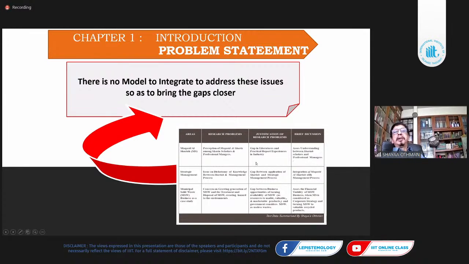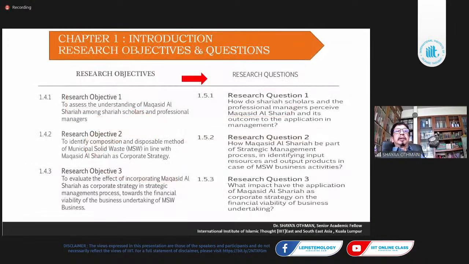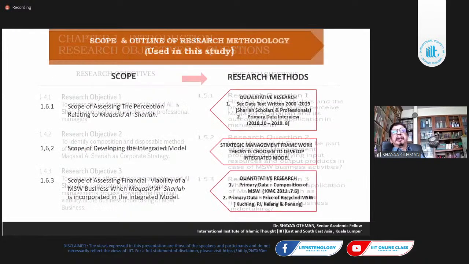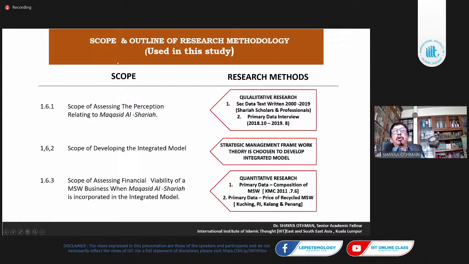For example, you talk of three gaps, and in one sentence you summarize your three problem areas. These are explained again, and these are the scope and the research method you need to describe, assessing the perception relating to market design.